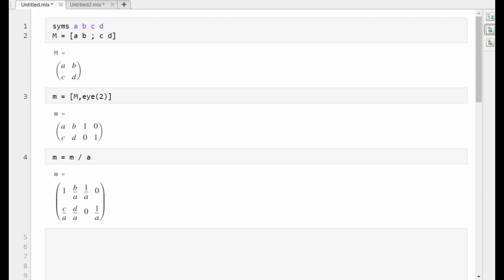And you can see that in syms mode here, it's doing this algebraically. The next step is to change the bottom left to a 0. So I need to replace the second row with the second row minus C over A times the first row.